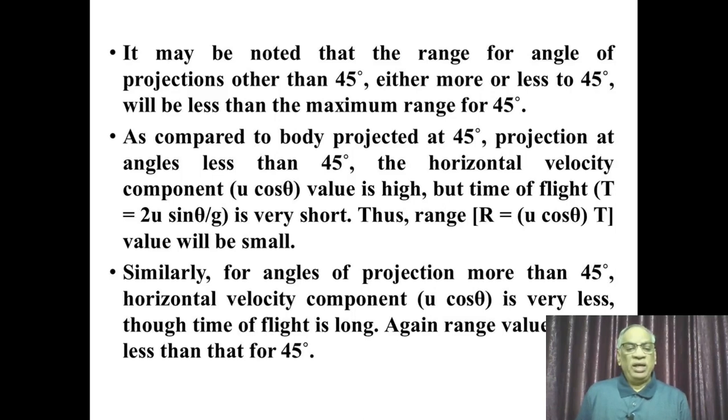Similarly, for angles of projection more than 45 degrees, the horizontal velocity component may be less, but the time of flight is slightly long. Hence, the range in both cases will be less than that obtained for 45 degrees.